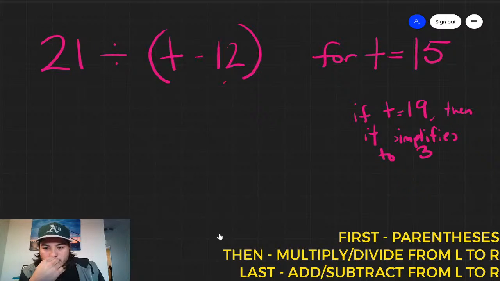So substitute the 15 for our t, and then solve.